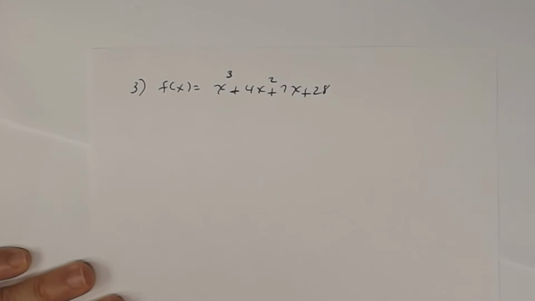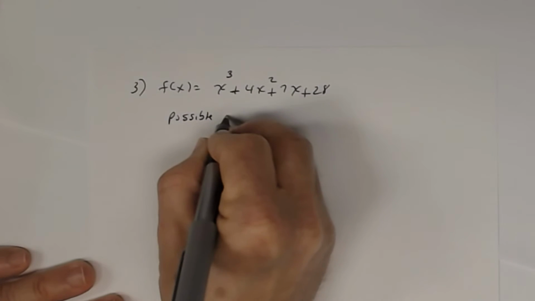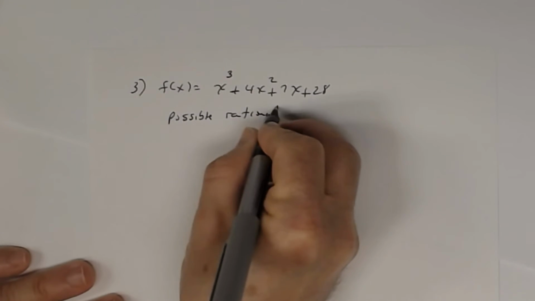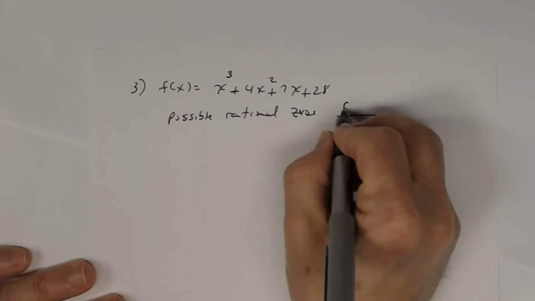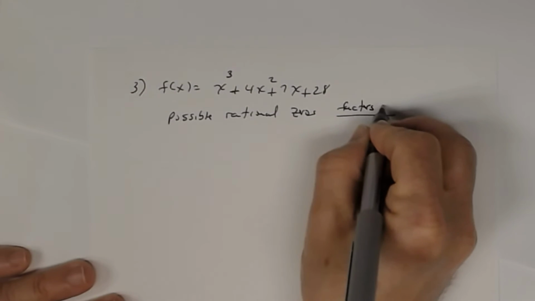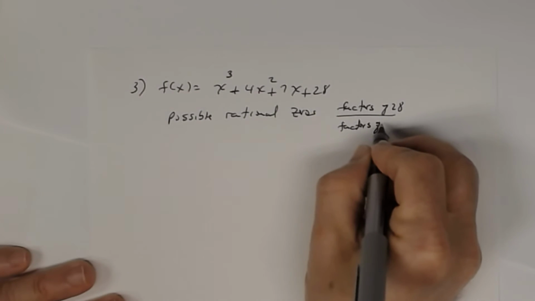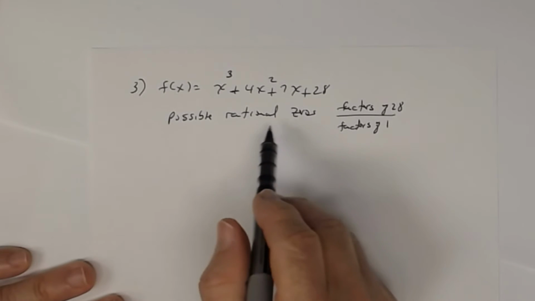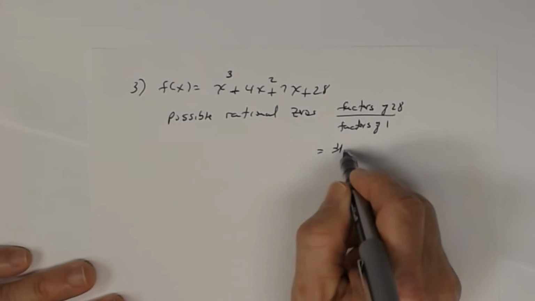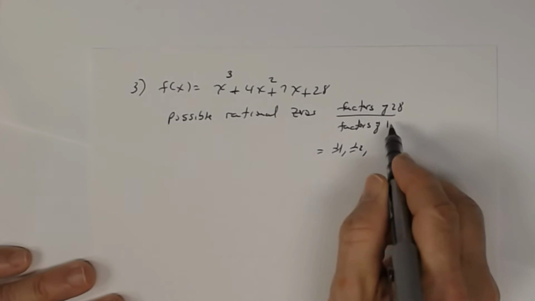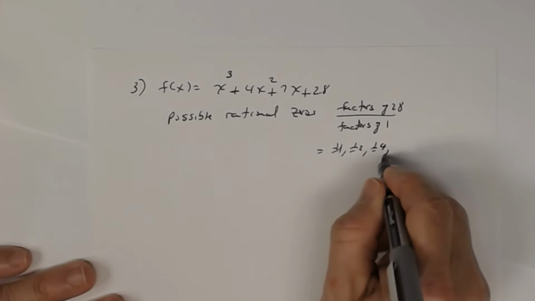All right. Okay, so the possible rational zeros: you have your factors of 28 divided by the factors of 1, using the rational zero theorem. So the factors of 28 are plus or minus 1, plus or minus 2, 4 goes into 28, and then 7 as well, right?